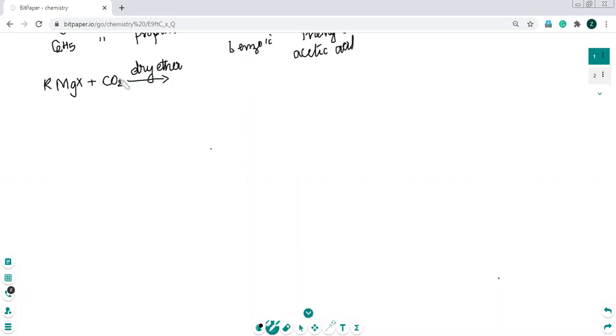And here also you can write the mechanism and get the product. This is your carbon dioxide. Now RMgX will be generating R minus, and that will be attacking here on this carbon, and this gets polarized. You can predict the product.